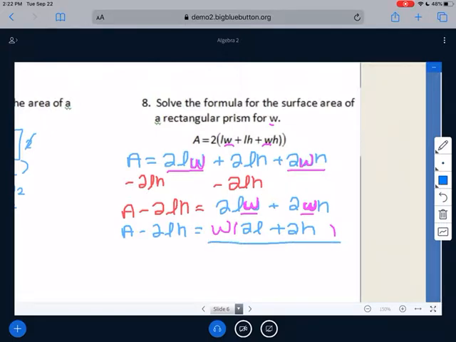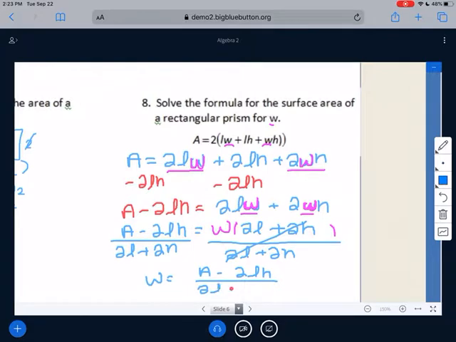So to get rid of multiplication, we do division. So we get W equals A minus 2LH all over 2L plus 2H.